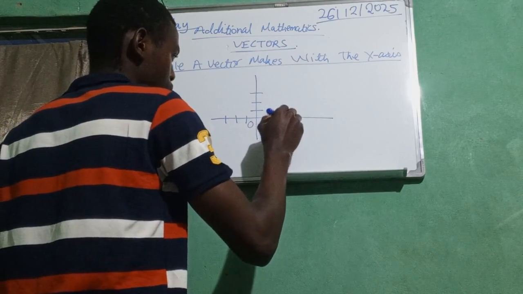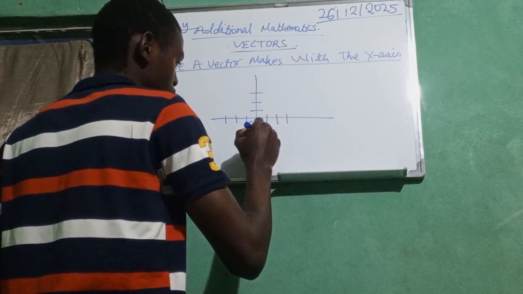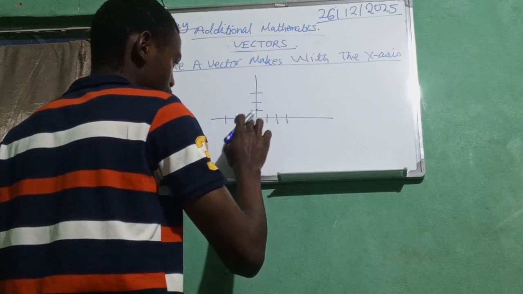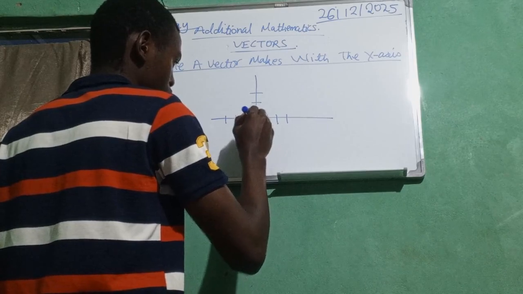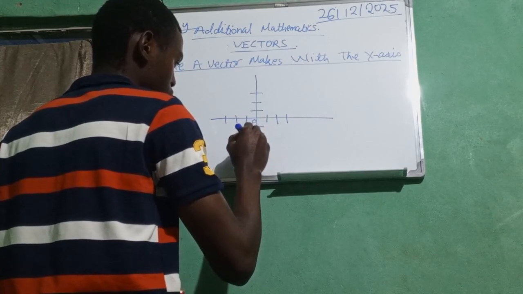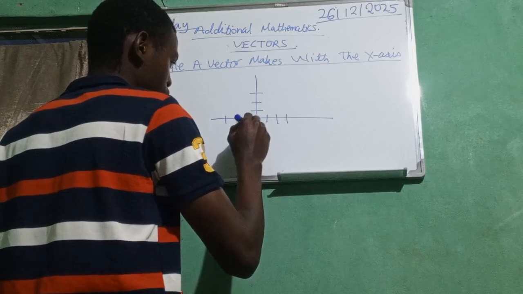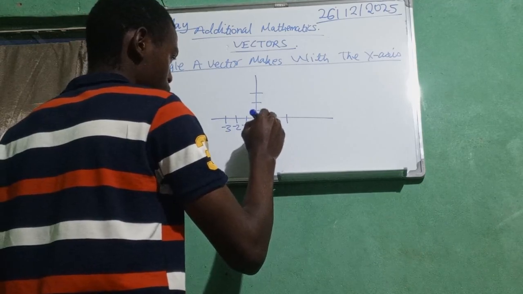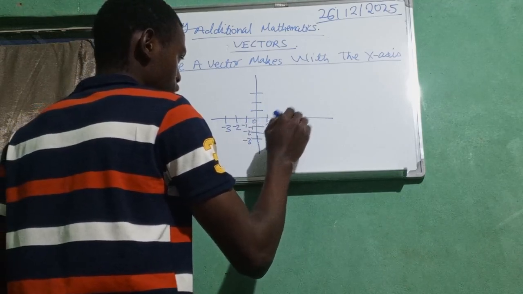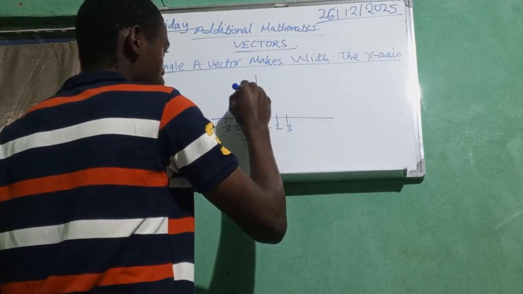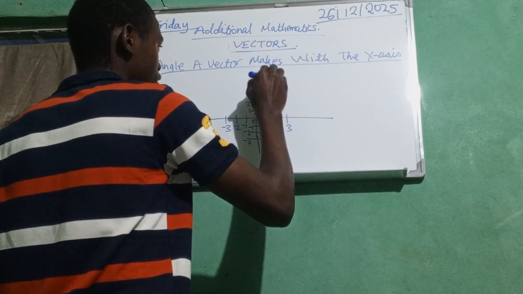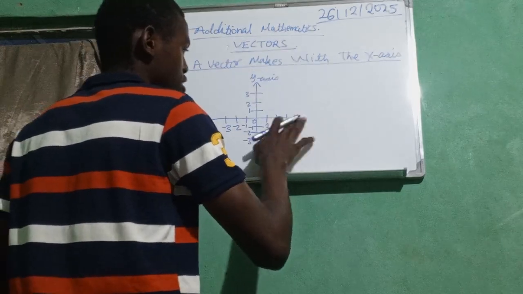Then -3, -2, -1 on the negative side. Then we have 1, 2, 3 going up. This is the y-axis. This is the x-axis.